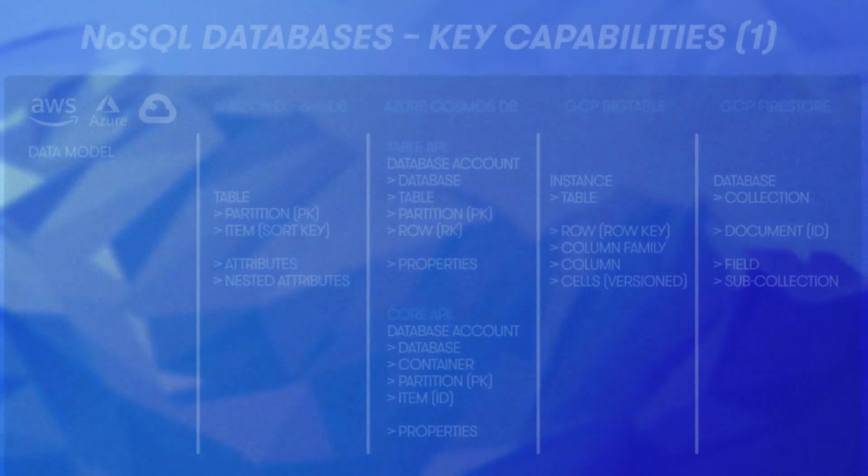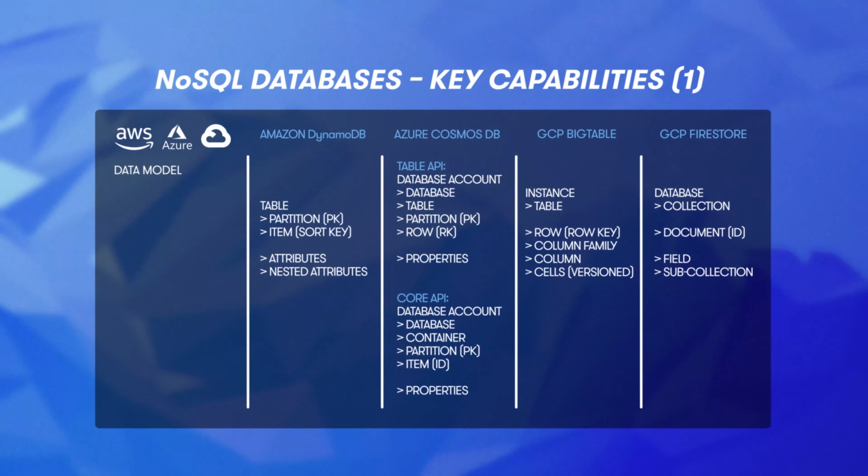NoSQL databases have a key set of capabilities around how they handle the data being stored within them. If we start by looking at the data model each service uses, we can see that CosmosDB provides an extra parent level called database account. CosmosDB, Bigtable, and Firestore all support a database level construct.